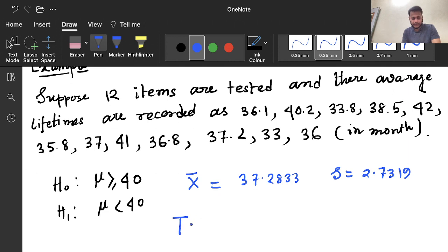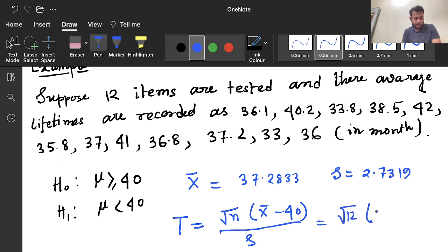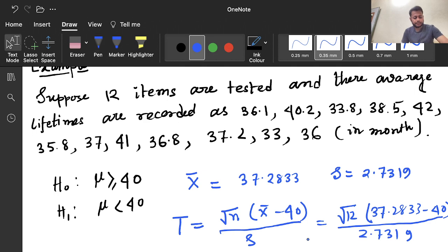Then our test statistic t is root n (x bar minus 40) by s, that is root 12 times (37.2833 minus 40) by 2.7319, which is minus 3.4448.